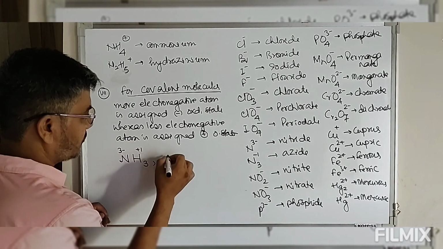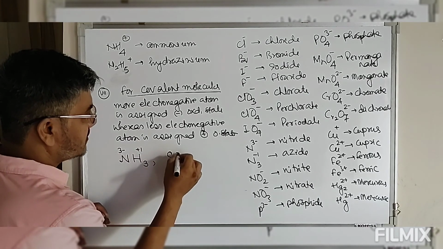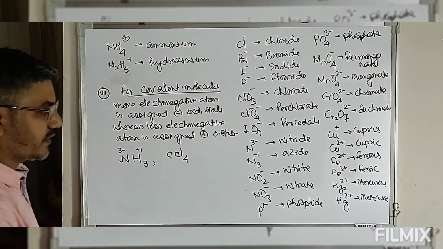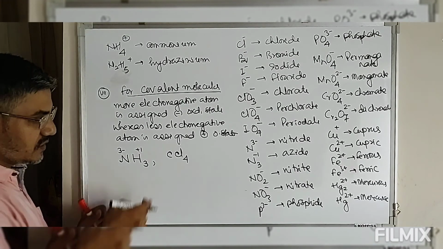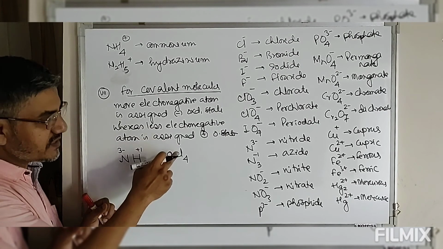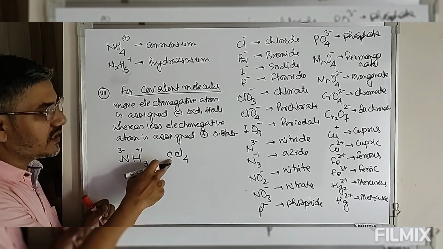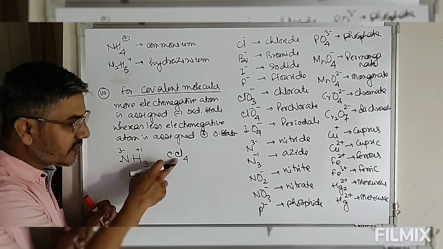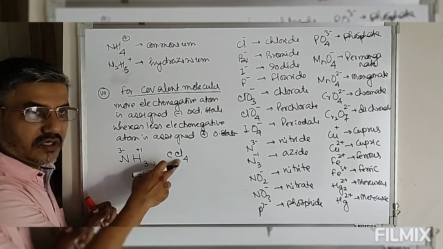Similarly, take CCl4, carbon tetrachloride. Chlorine is more electronegative than carbon, so the shared pair of electrons will be withdrawn towards chlorine.